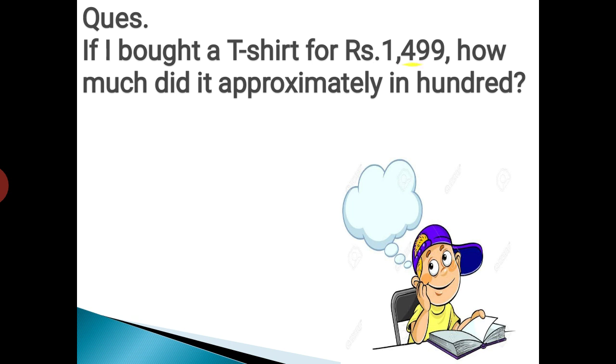Just see, here is 499. If I specifically look at this only, and I want to round off to the nearest 100, 499 is nearest to which 100? Yes, so it costs approximately 1500, because here we are rounding off to the nearest 100. So here in hundreds there is 499 and it is nearest to 500.